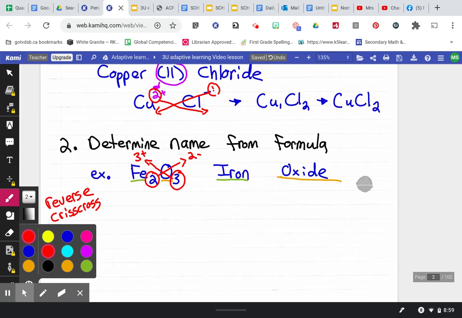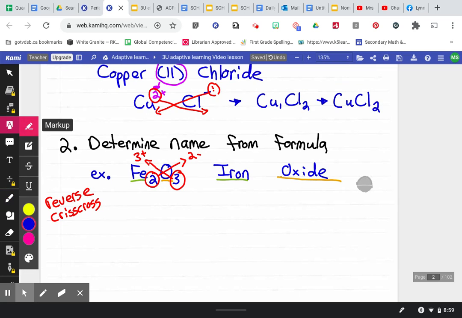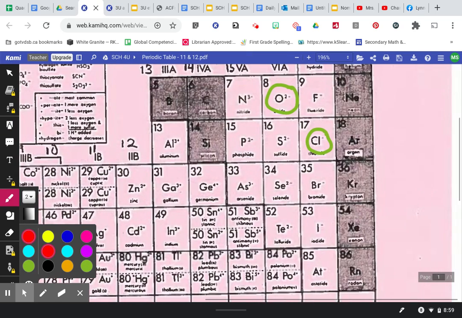Before you move on at this point, you have to make sure that the ionic charge of your nonmetal is correct. So we are saying, after this crisscross, that oxygen has an ionic charge of 2 negative, which if we check on our periodic table, is correct.